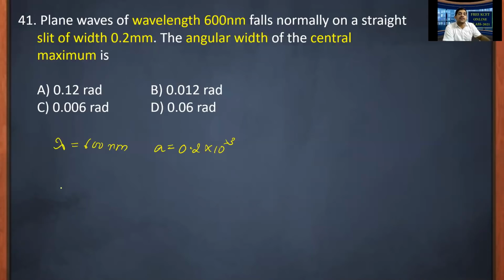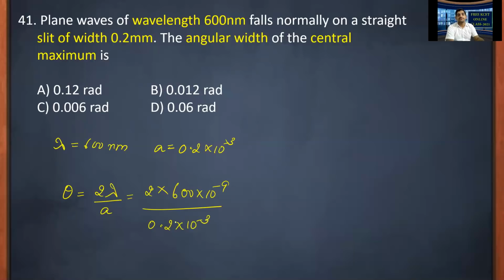So what is the angular width? Angular width of central maxima of a diffraction is equal to 2 lambda by a. So direct formula: 2 into lambda, 600 nanometer, so 10 to the power minus 9, divided by a. a is nothing but 0.2 into 10 to the power minus 3.